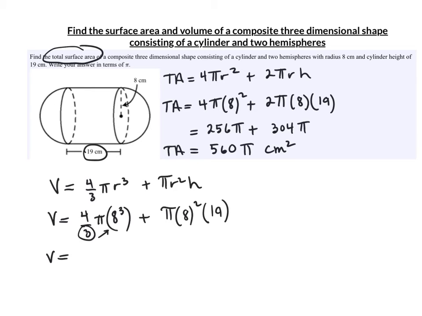I'm going to take 8 cubed times 4. 8 cubed times 4 is 2048 thirds pi plus 8 squared times 19 is 1216 pi.